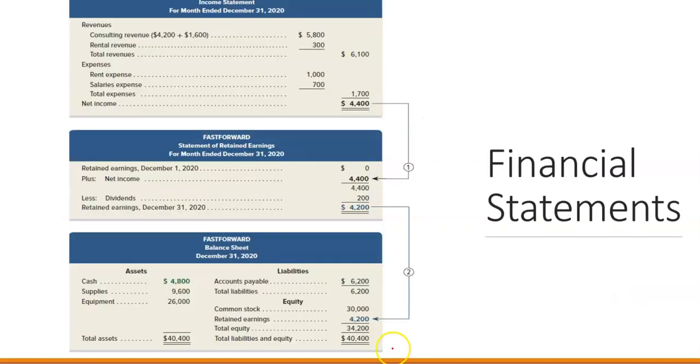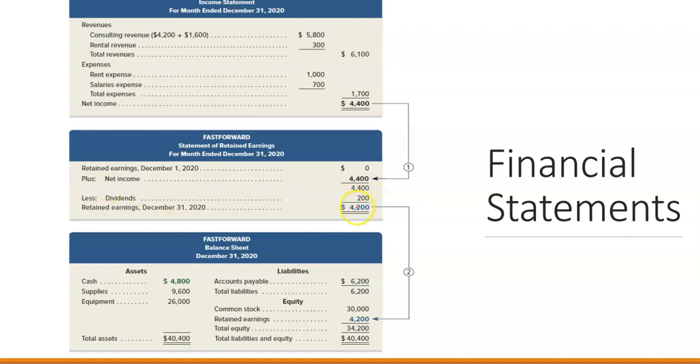So we have some examples of what those financial statements look like for companies. You can see at the top is the income statement, where we have revenues minus expenses equals net income. Our statement of retained earnings says that we received net income of $4,400. We paid out dividends of $200.